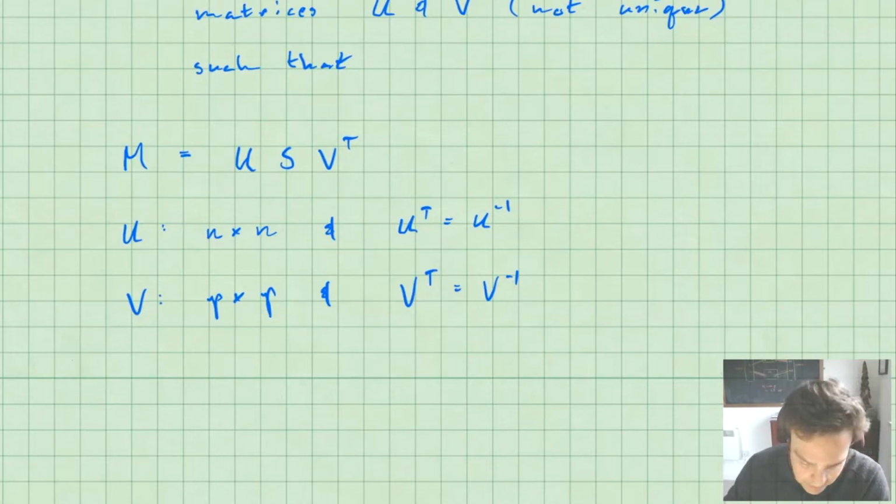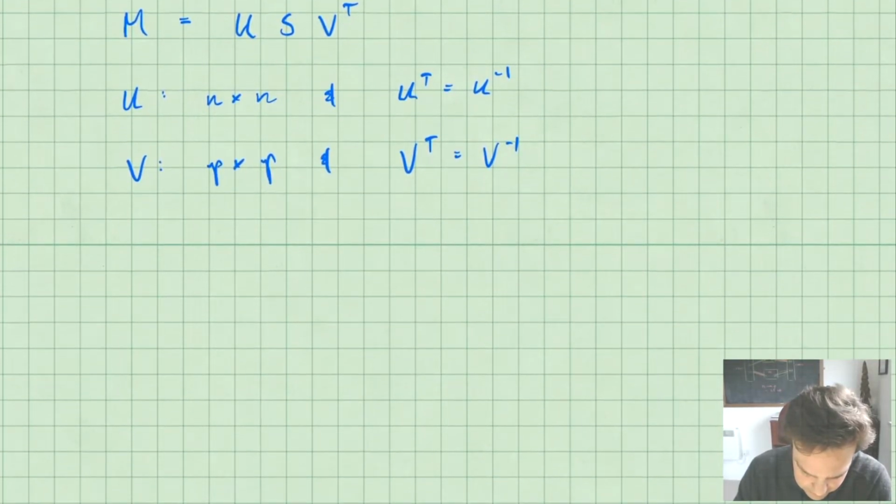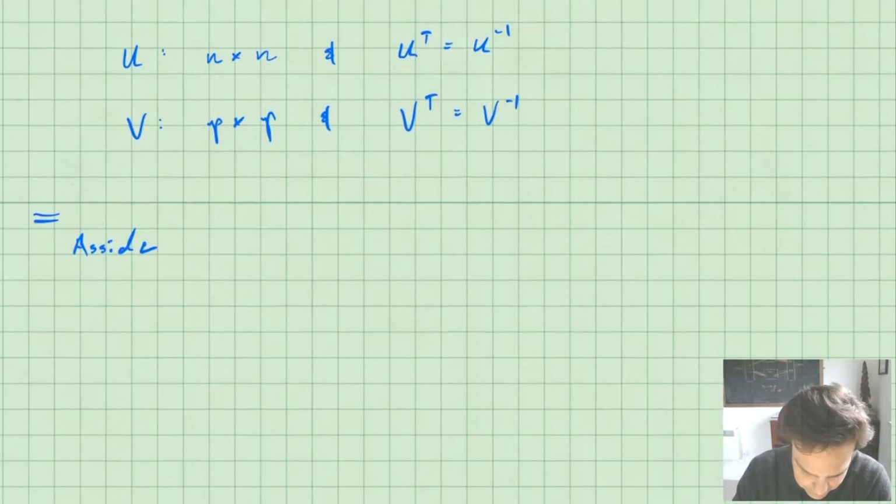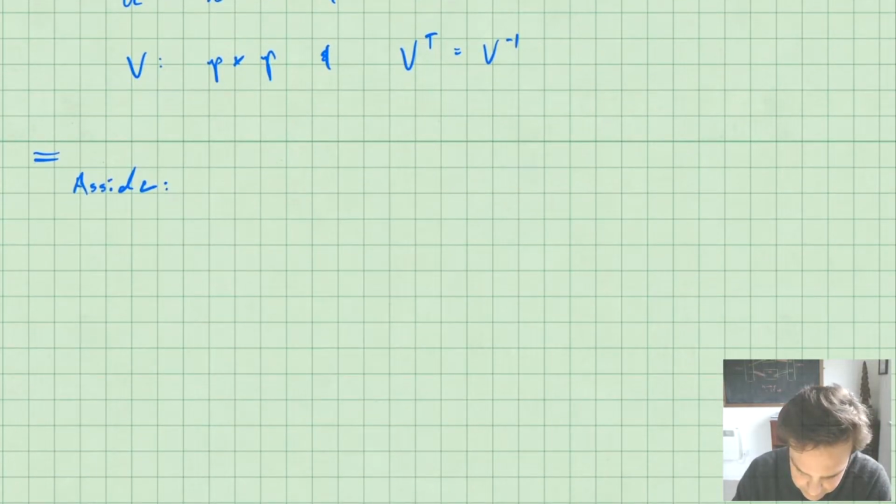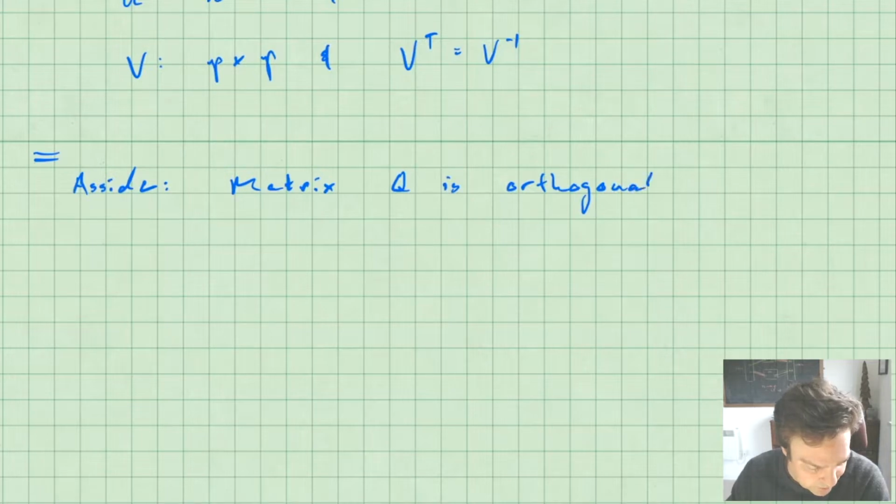And so just as an aside, a matrix is called orthogonal. So we'll say matrix Q is orthogonal. The better name might be orthonormal, I think, but we'll say orthogonal, if Q transpose is equal to Q inverse.